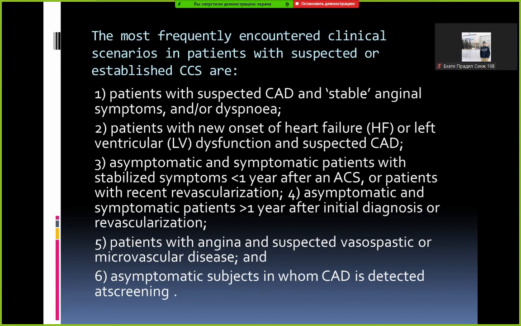The fourth group, asymptomatic and symptomatic patients more than 1 year after initial diagnosis or revascularization. The fifth group, patients with angina and suspected vasospastic or microvascular disease. And the sixth, asymptomatic subjects in whom coronary artery disease is detected at screening.